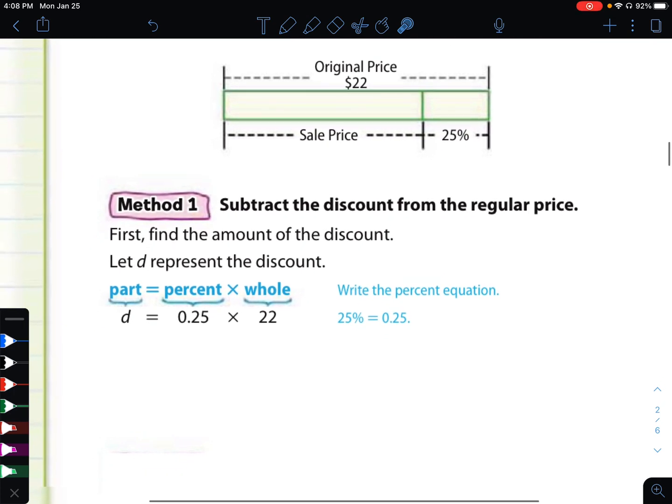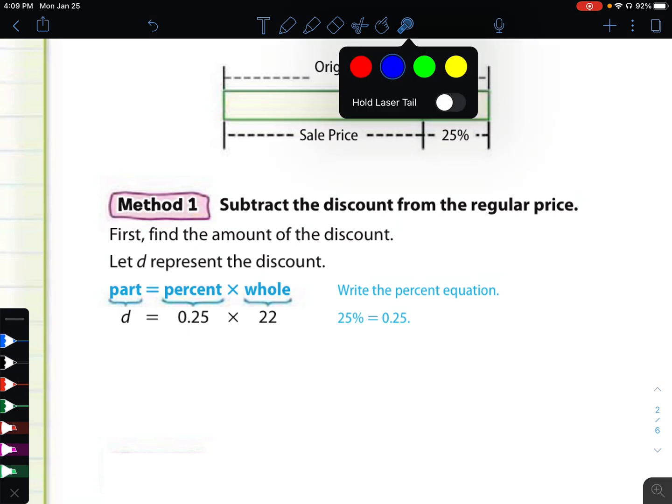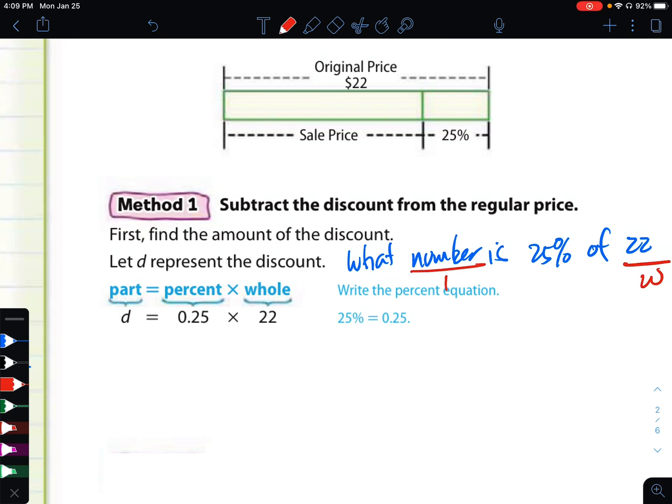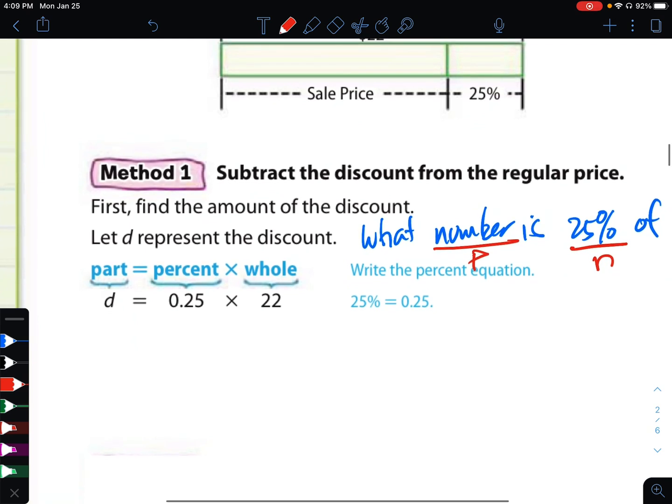The discount is our part because it's asking: what number is 25% of 22? The word after "of" is our whole, this is our part, and this is our percent, or n. And that's exactly what we have here.